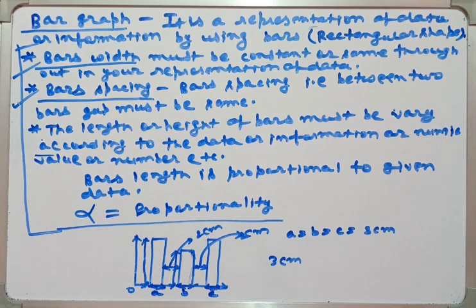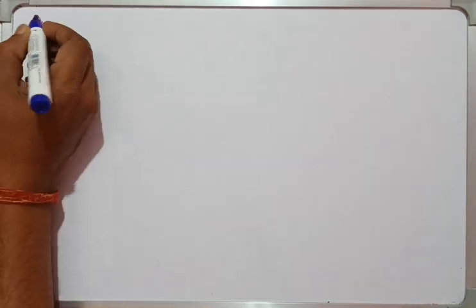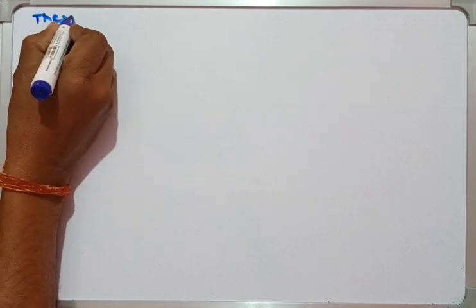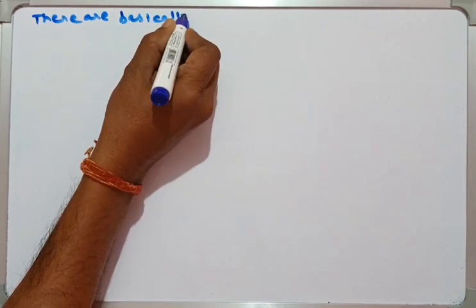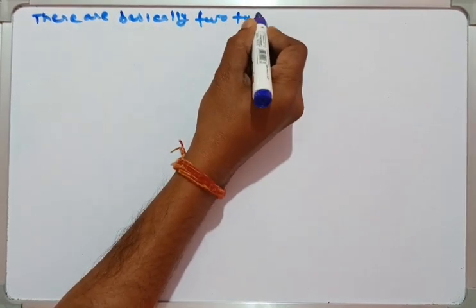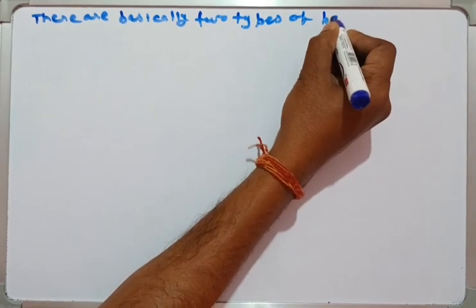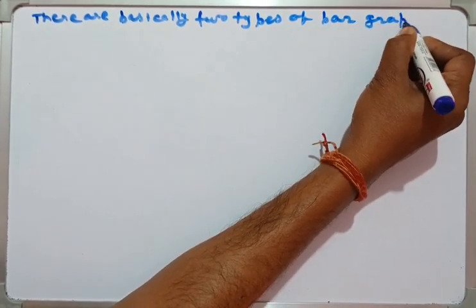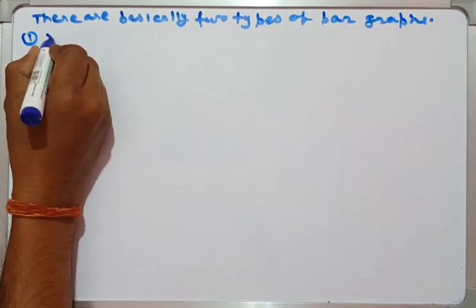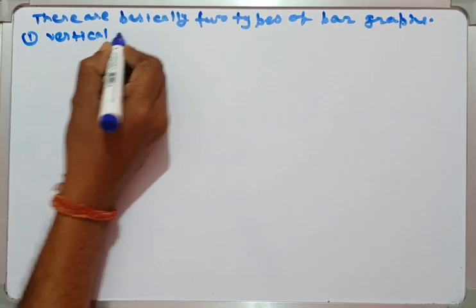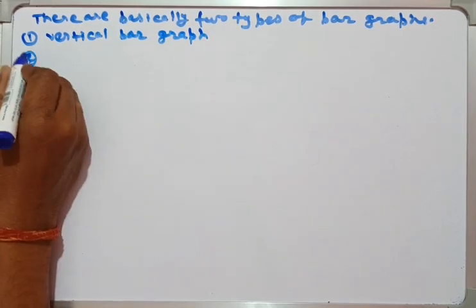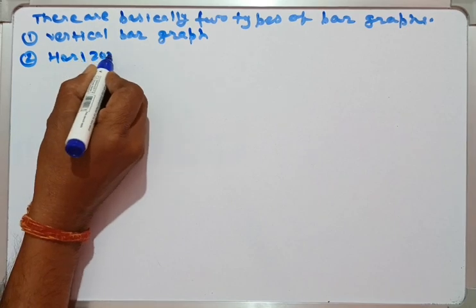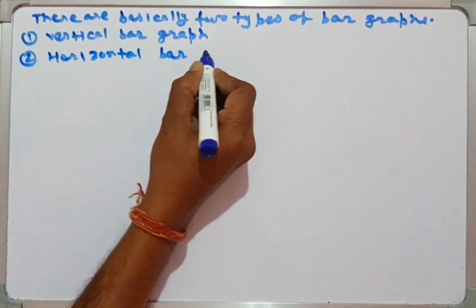See here, example. Guys, before going to the example, you must know there are basically two types of bar graphs. The first one is the vertical bar graph and the second one is the horizontal bar graph.